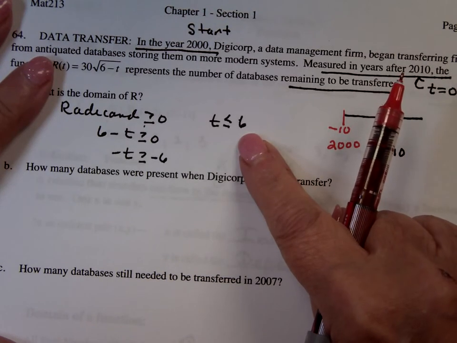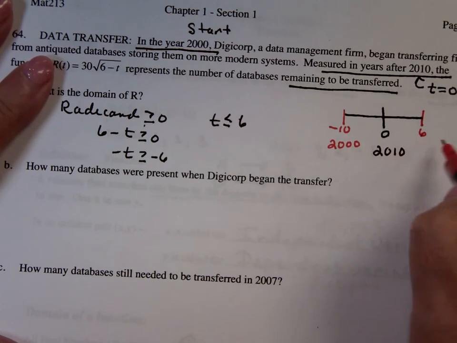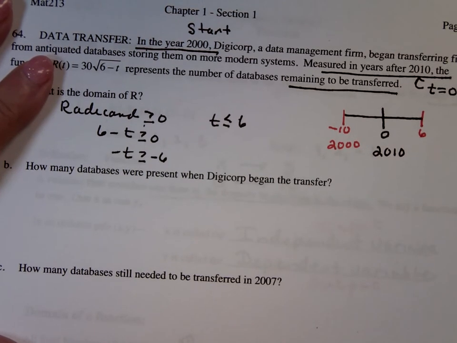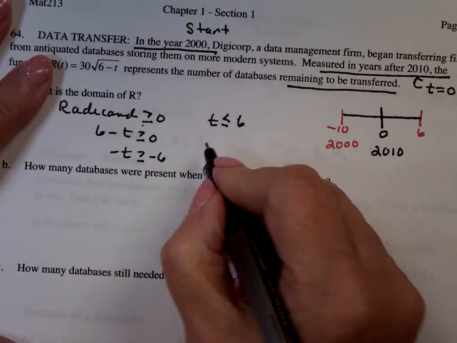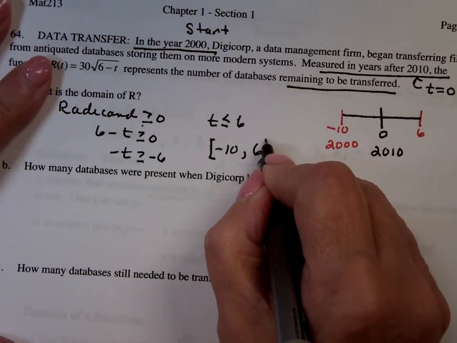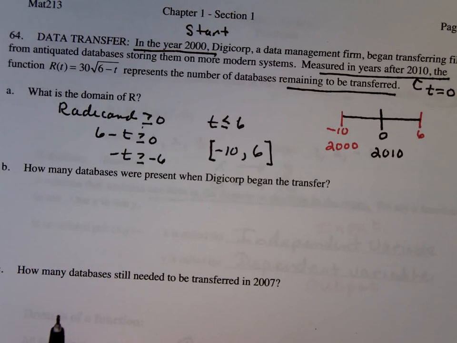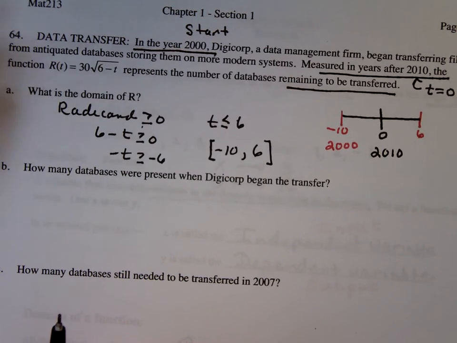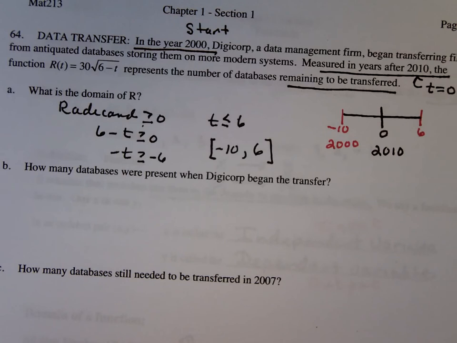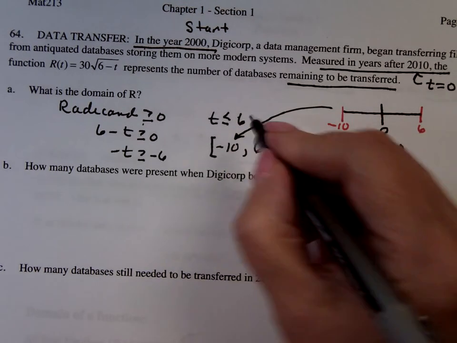T equals 6. So that says we're looking at t between negative 10 and 6. That's your domain. That's 2000 to 2016, because the formula is not good after 2016. So that comes from here. And that comes from here.